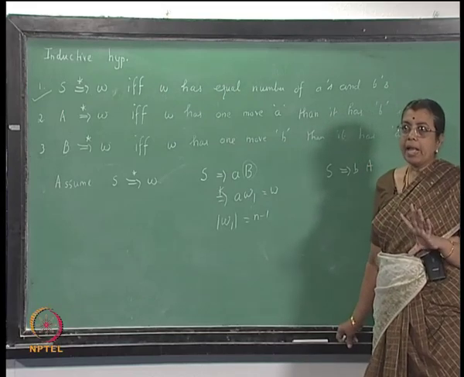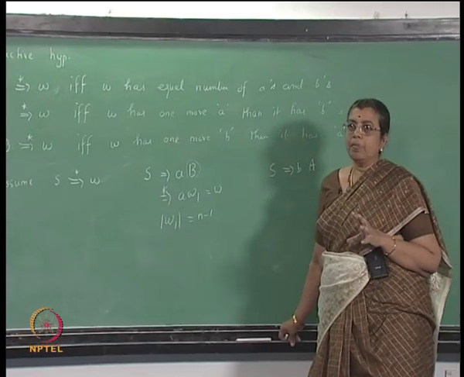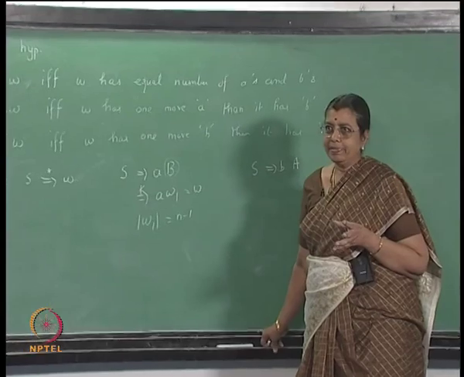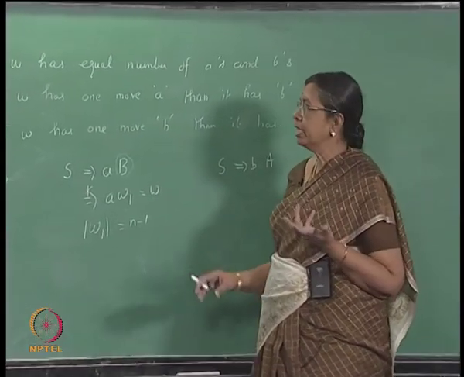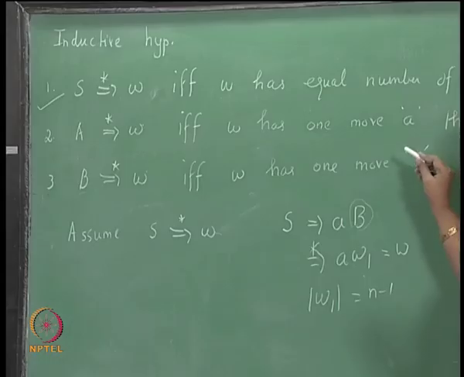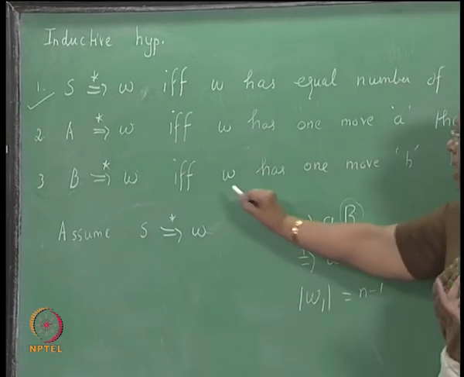And the induction hypothesis holds for all strings up to n minus 1, that is strong induction. So, if the length of W1 is n minus 1 and it is derivable from B, what can you say about this?